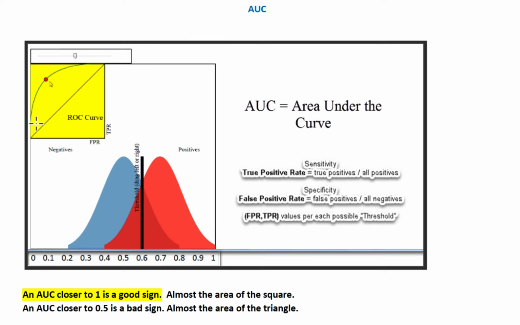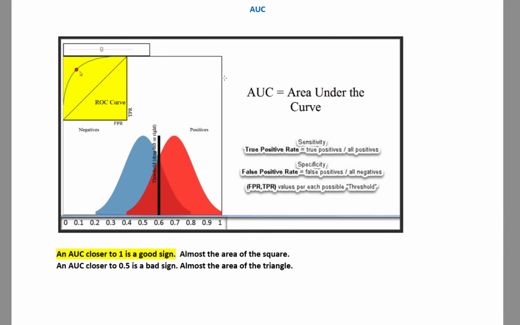And when it's very poor, this curve is almost the line of the triangle. The area of this triangle is this side by this side, 1, divided by 2, which is 0.5. So an AUC closer to 0.5 is a bad sign. It's almost the area of this triangle. These values are calculated by the Spark program, as we will see later.